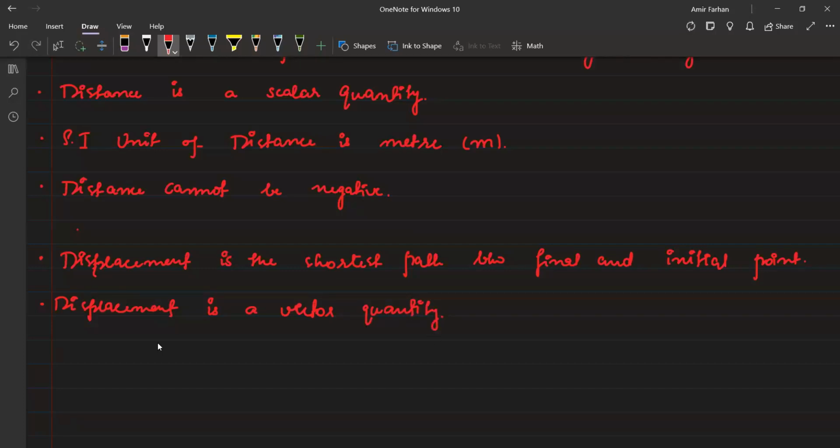Next, the SI unit of displacement is the same as that of distance.